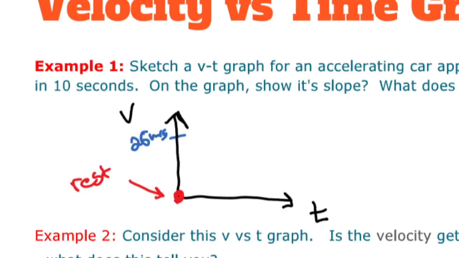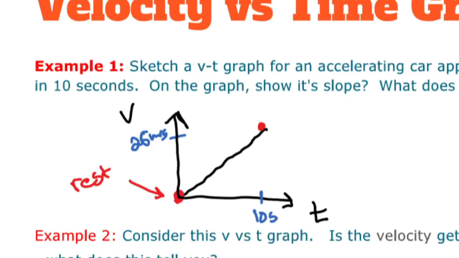It's going from 0 to 25 in 10 seconds. So I'm going to put another point out here. This is 25, and this corresponds to 10 seconds. So drawing my line with a ruler. There we go. So I'm going from 0 to 25, and that's taking 10 seconds.